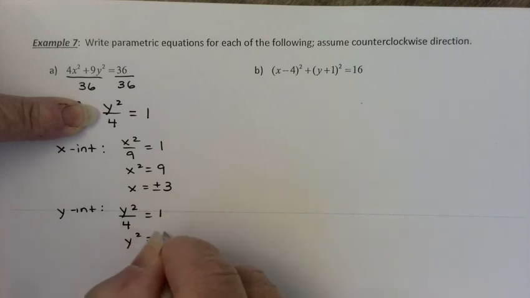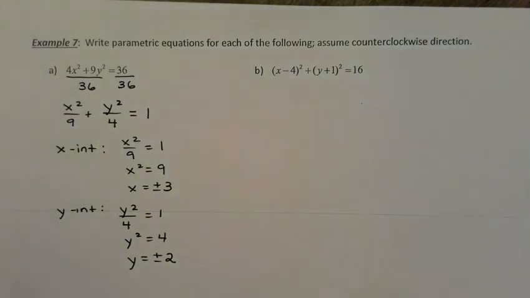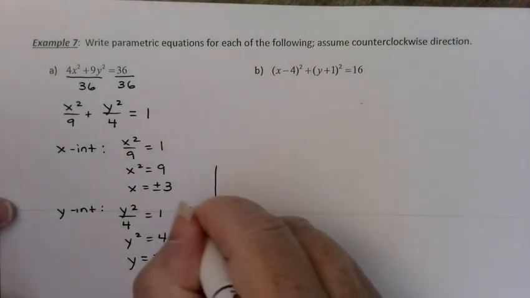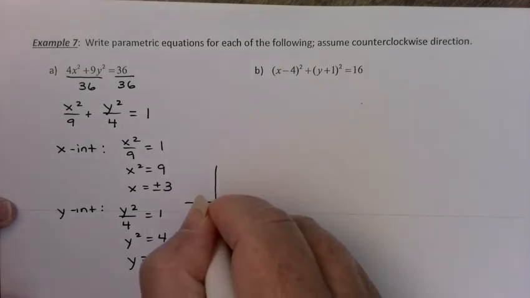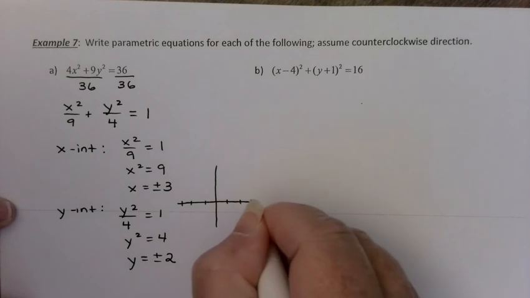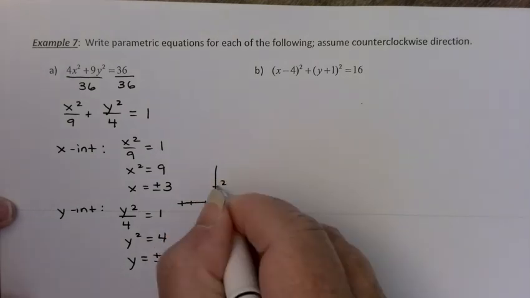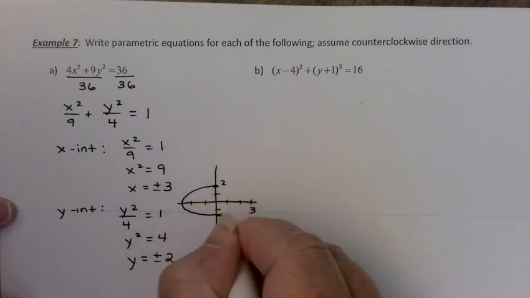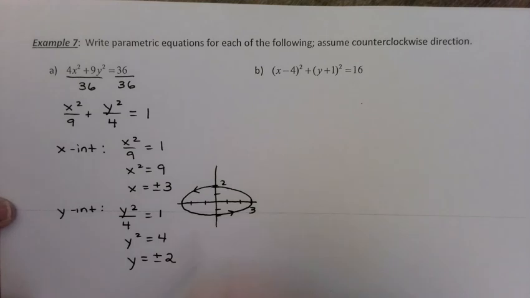Y squared equals 4. So y is going to be plus or minus 2. So based on that, my ellipse is going to look something like this, right? And we are going to go around counterclockwise.